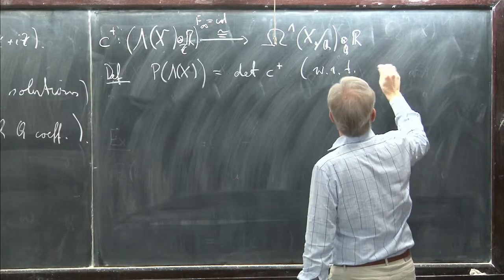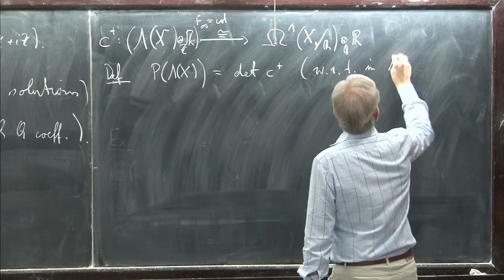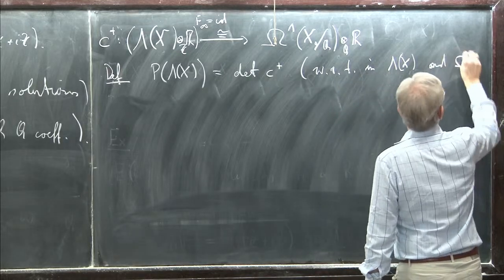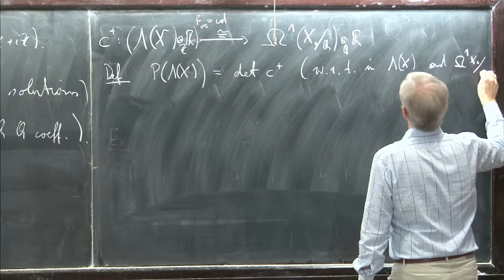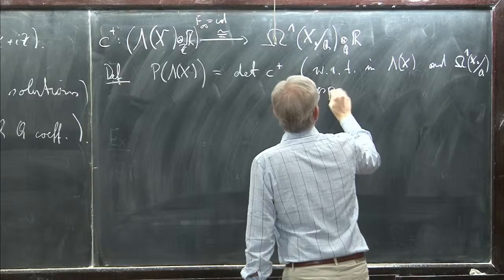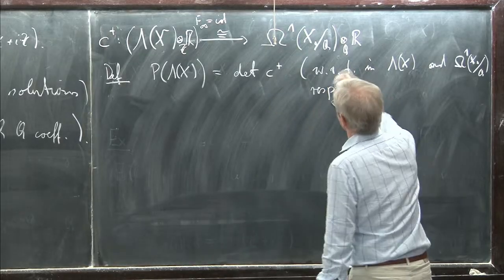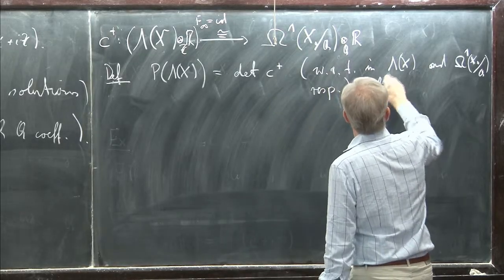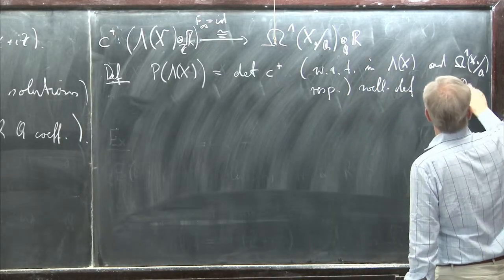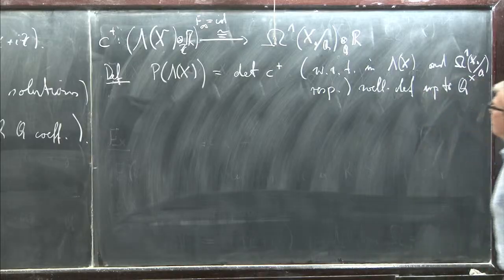A basis in Lambda X and omega 1 X0 Q respectively. And this is then only well defined up to some invertible rational number.